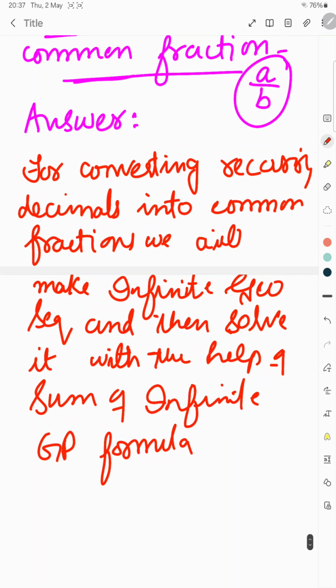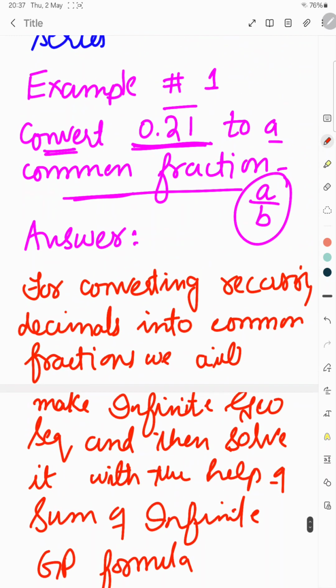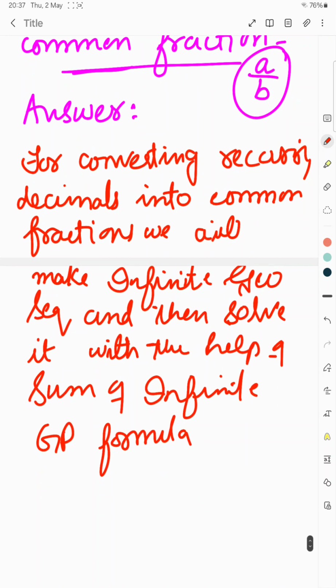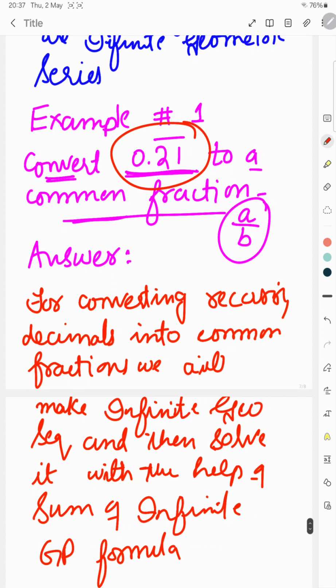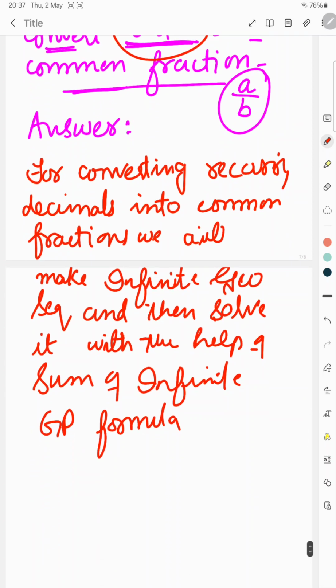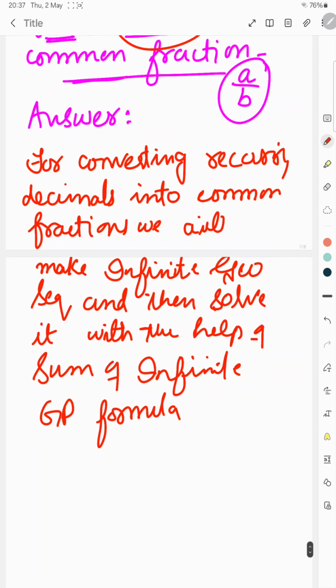Okay student, so in this solution we will follow these steps. First of all, we will make the sequence from this recurring decimal, and after making the sequence we will use the formula for finding the sum of infinite geometric progression, that is S infinity.